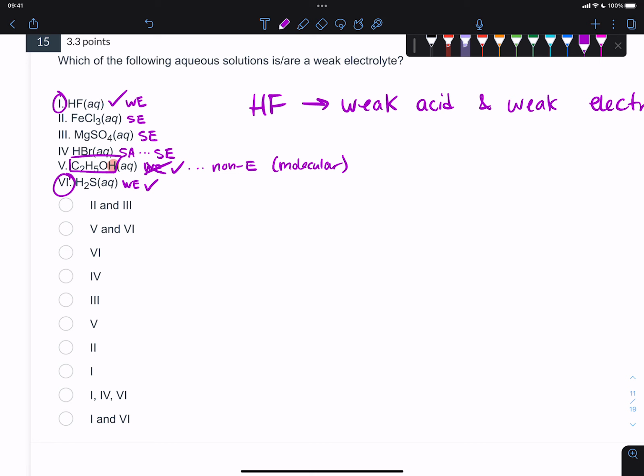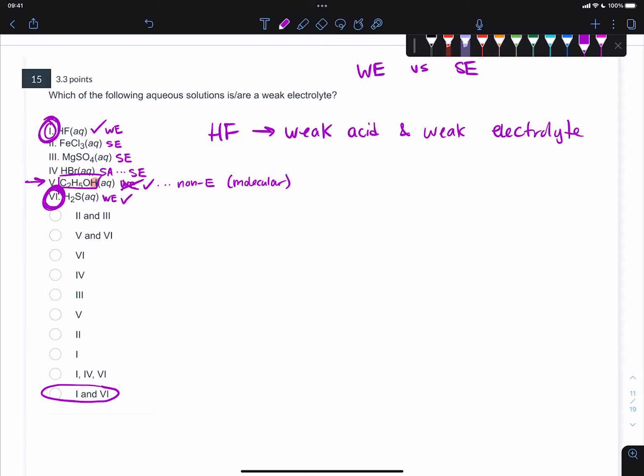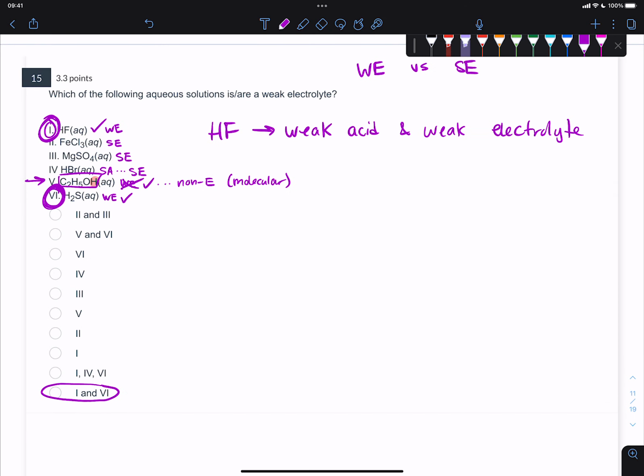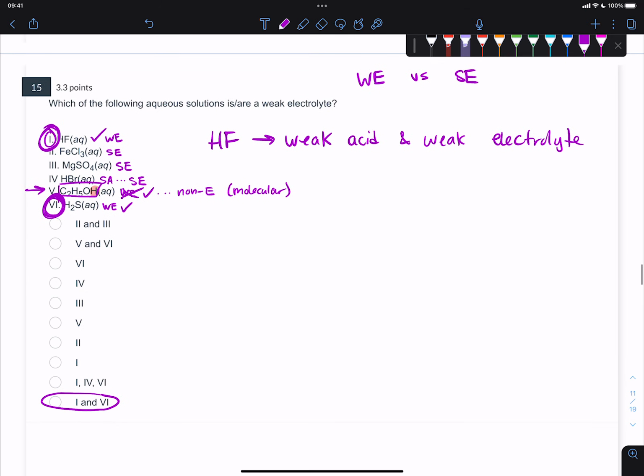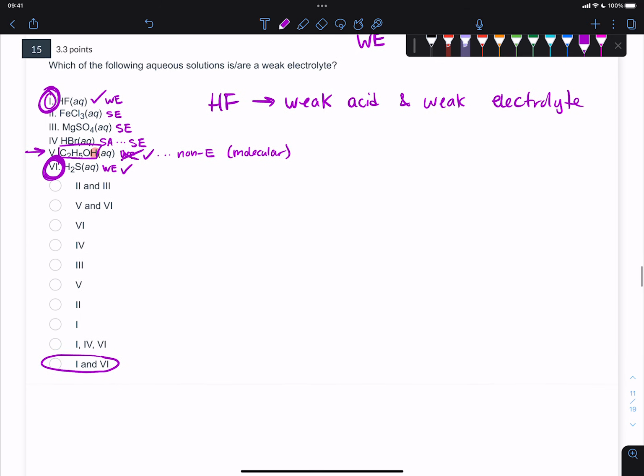But theoretically, 5 could work as well, as long as you definitely have 1 being a weak electrolyte, and then this one being a weak electrolyte. The dissociation of hydrogen in ethanol is so small that it's basically a non-electrolyte. So I would say 1 and 6. But there's a lot of gray area in chemistry. So I'm a little bit iffy on that one, in terms of whether you would consider 5 to be an electrolyte or not.